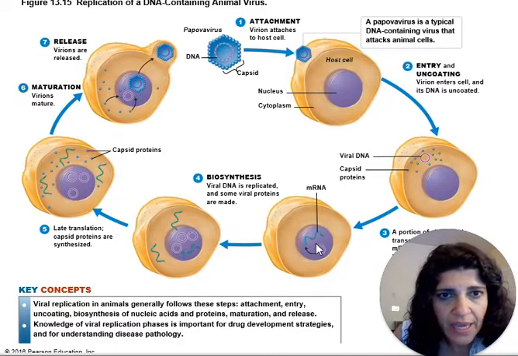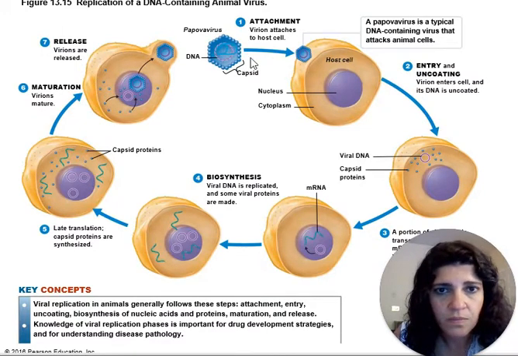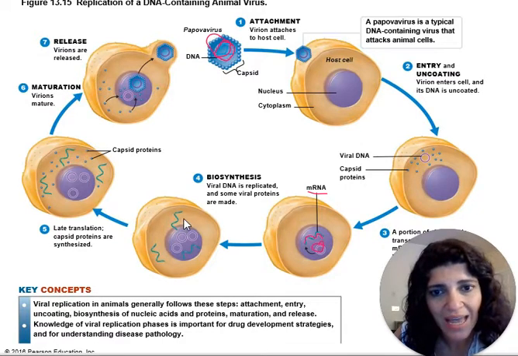This is the replication of DNA containing animal viruses. So the virus has a DNA. That DNA, this DNA here inside the animal virus is this one here, right? This DNA goes to the nucleus and makes a molecule of RNA. The mRNA has to go to the cytoplasm, right? It's here now.